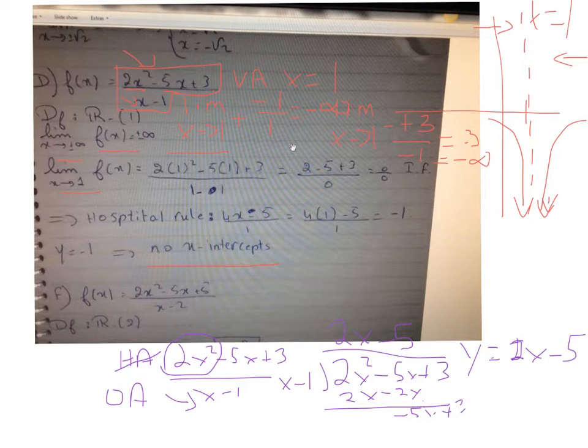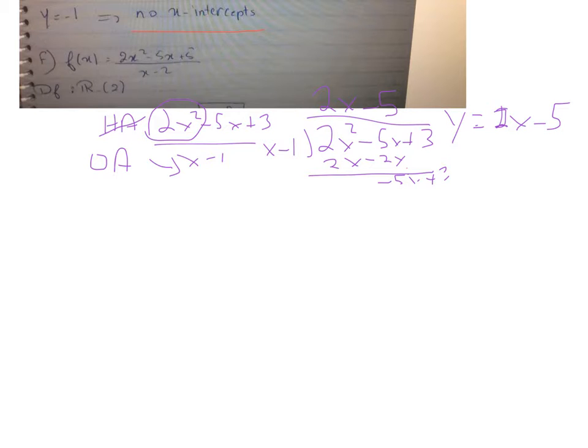Now we also have to check our oblique and our horizontal asymptotes, and we do that a little bit differently than we do with the vertical asymptote. So let me show you how to do that. What we do here is we find the limit for very large and very small values of x, and by very large, x equals 10 will do for that.